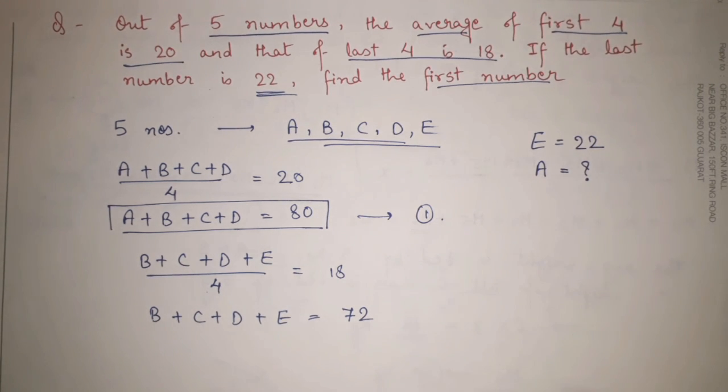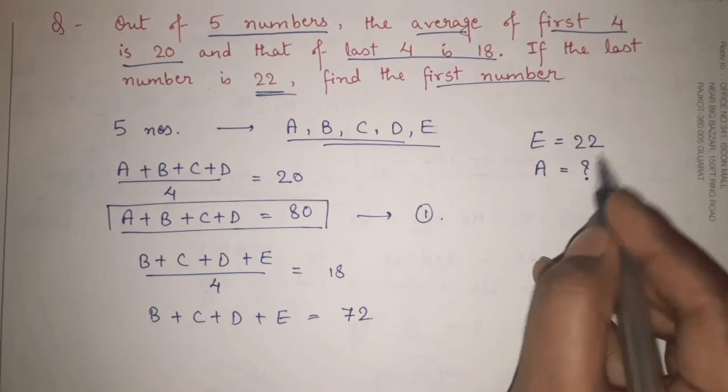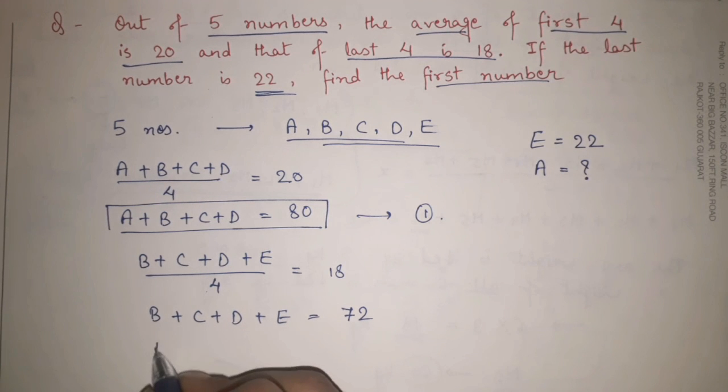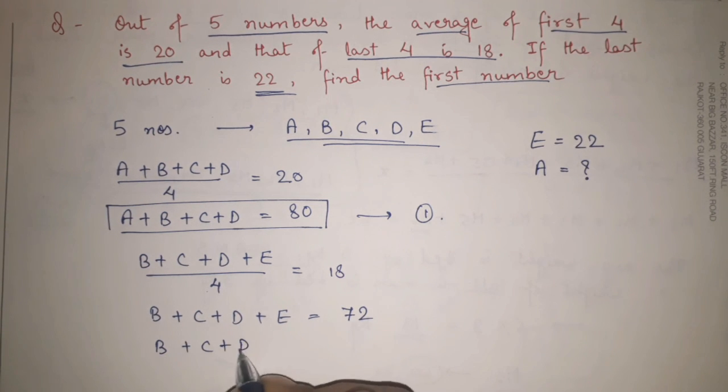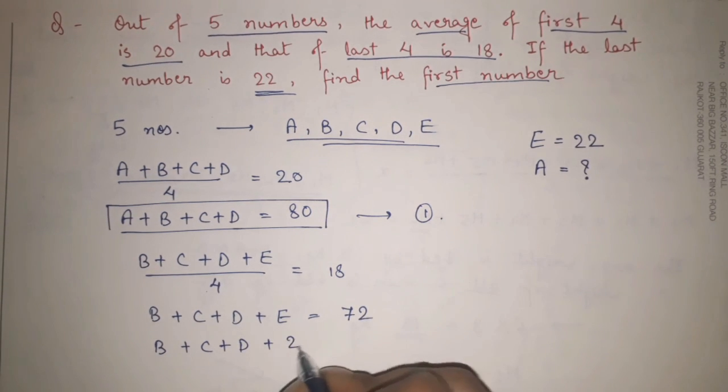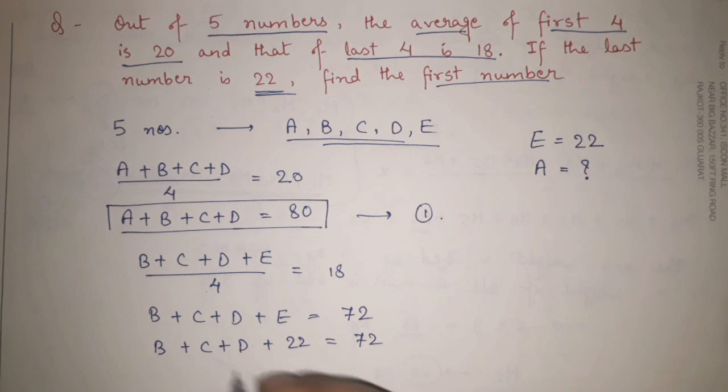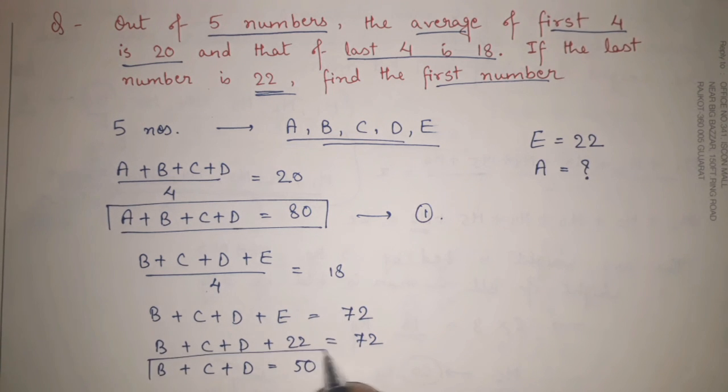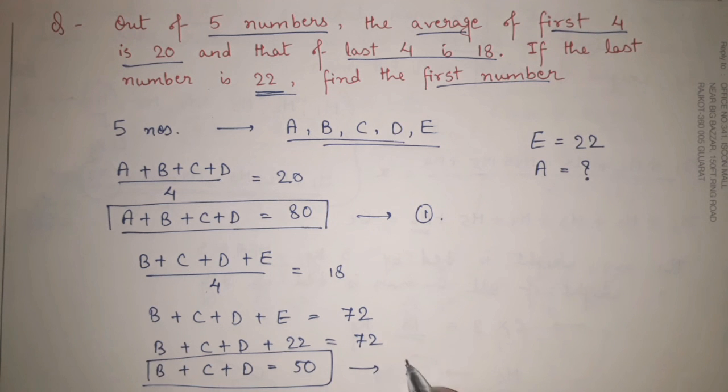Now E is given as 22. So we can put the value of E, that is 22 here. So B plus C plus D plus E, that is 22, is equal to 72. So B plus C plus D is equal to 72 minus 22, that is equal to 50. Now this is again one equation that we have.